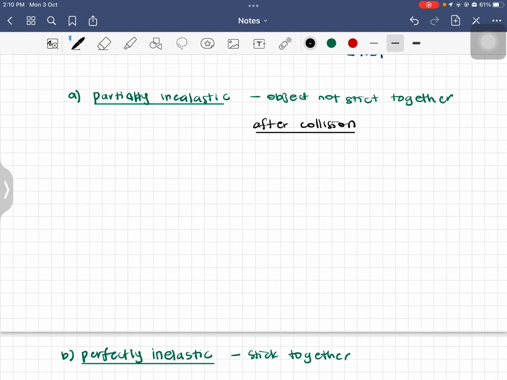So after collision, your objects can have the same direction of velocity. V1 and V2 have the same direction but different values. Or they can have different directions of velocity. Or one at rest, the other moving to the right. That's possible for 1D.